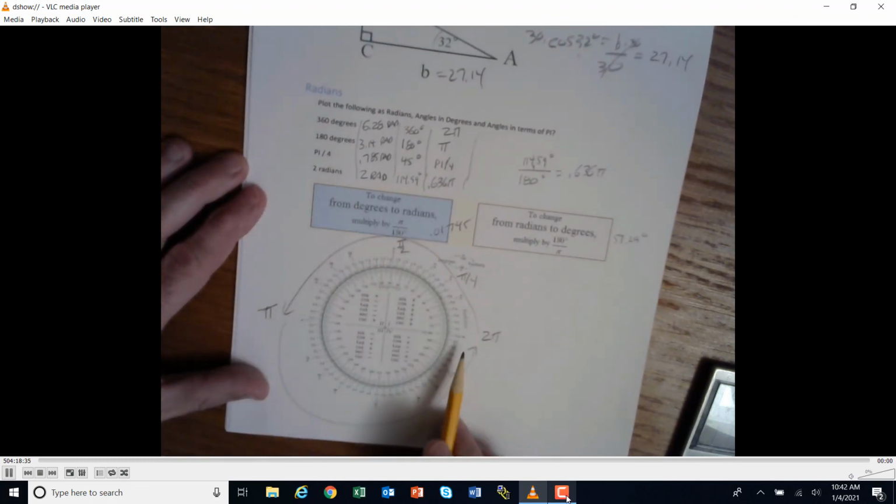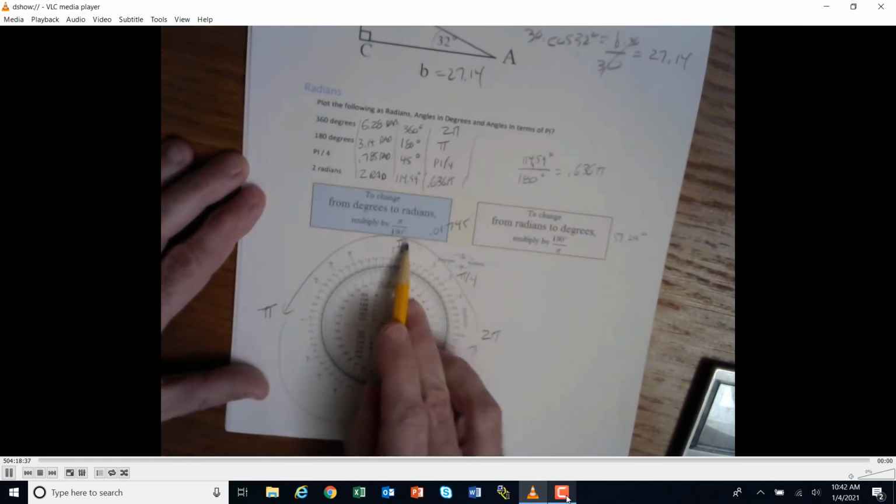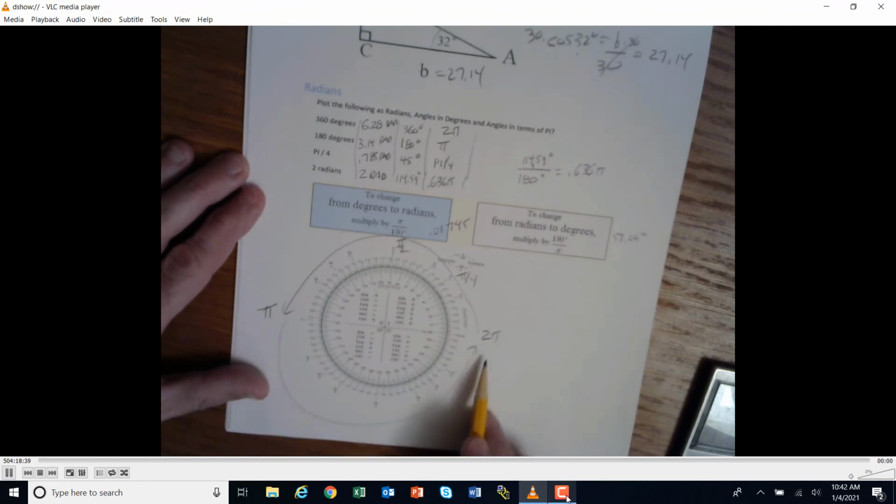Now we're going to look at our chart and see it. 360 degrees is a full circle, and you can see right here it says 6.28. These are my radians. It looks like 6.28 radians is about where we're at.